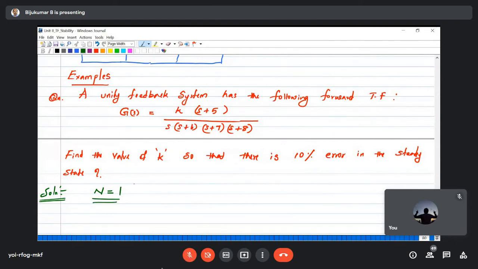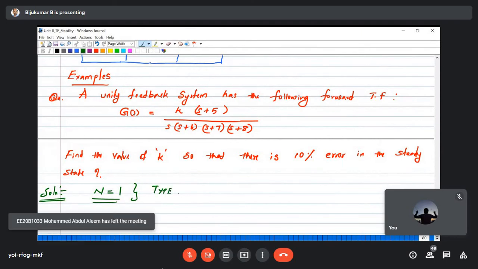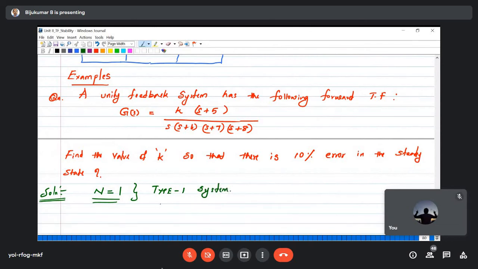Now one thing is clear, it is a type 1 system. And another thing we can observe is that the steady state error is a finite value, right? 10% means 0.1. So we are getting a finite value of error.